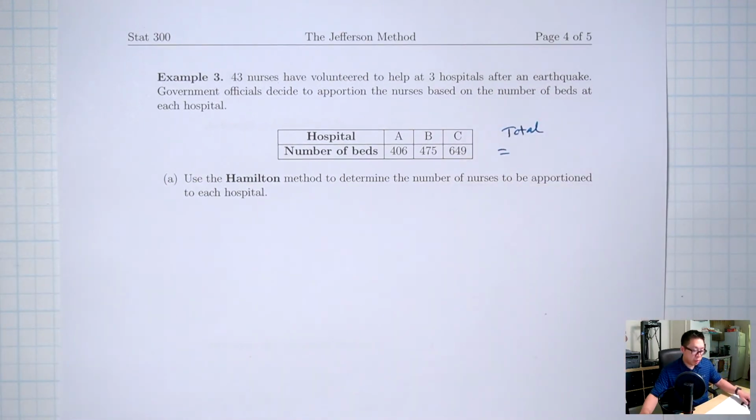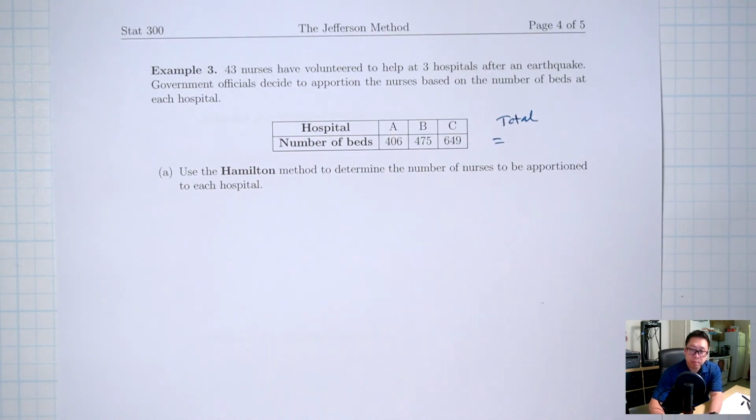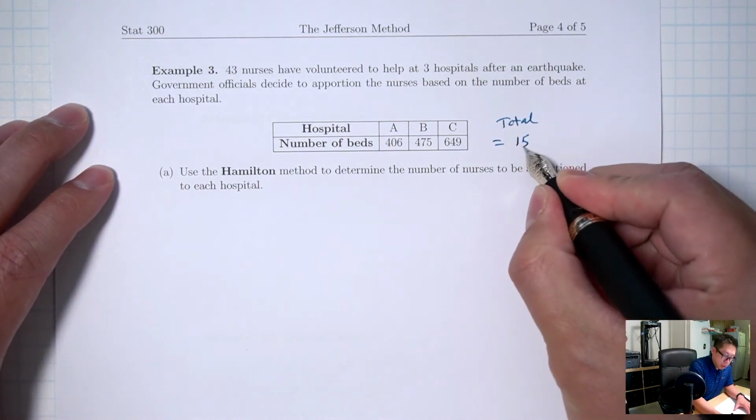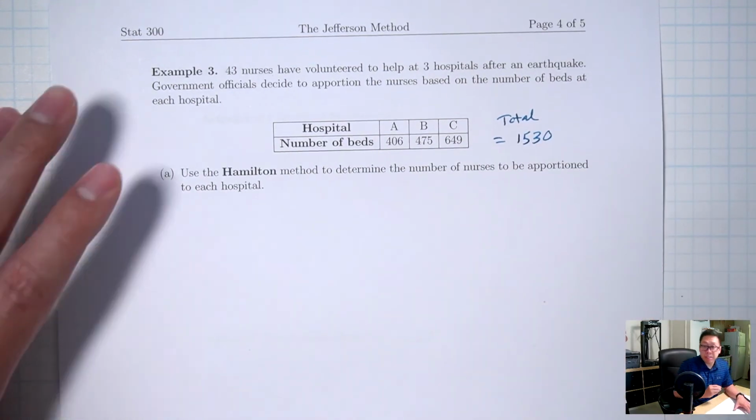So for the Hamilton method, I need to start by finding the total. So 406 plus 475 plus 649. And we have a total of 1,530. These are beds. Okay.